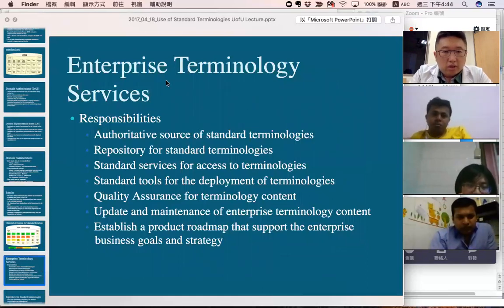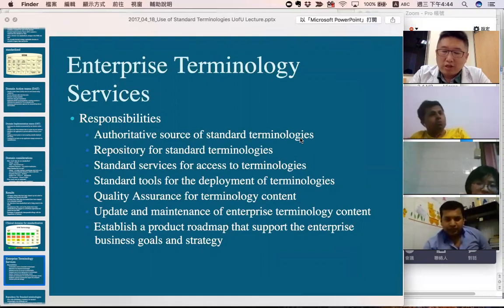So here is some of the responsibility for each team, like the authoritative source and the standard terminology. It's not free. For example, we had a discussion about SNOMED. Taiwan is a complicated issue, because you need to pay the money by nation, then you can utilize SNOMED for free.